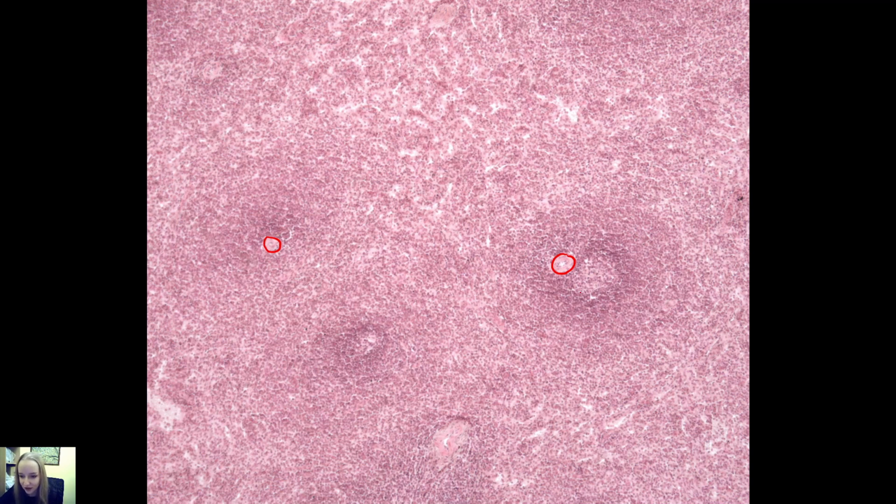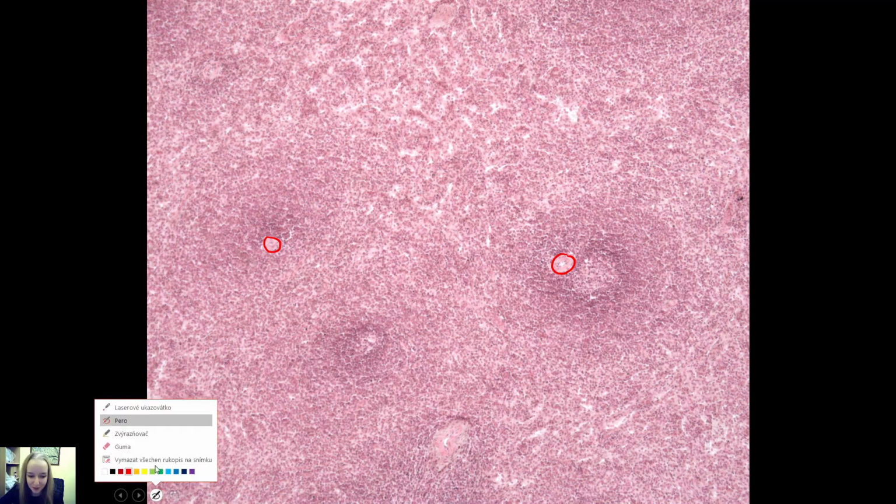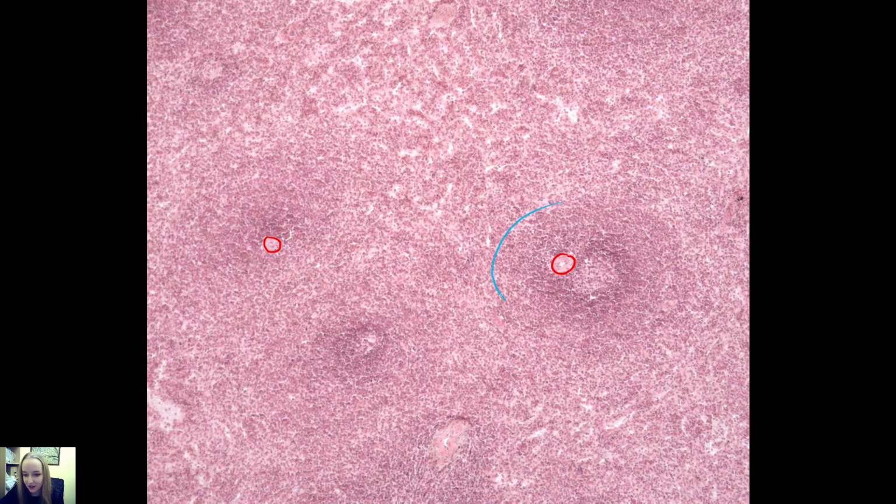And around the central artery, it's called central, but it's not completely central, as you can see, because the white pulp is this whole thing over here around it.